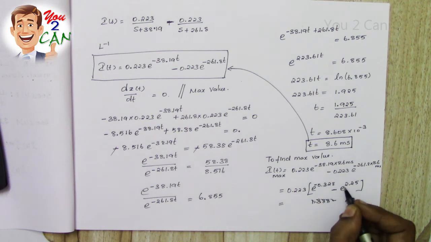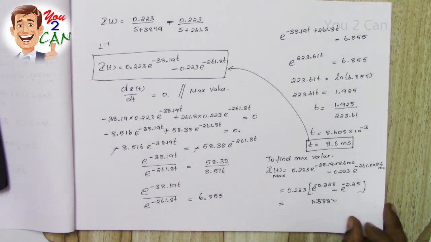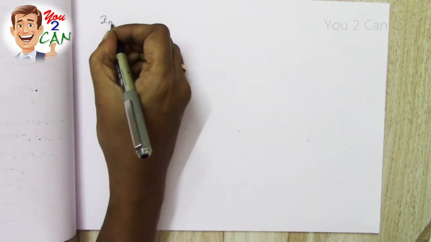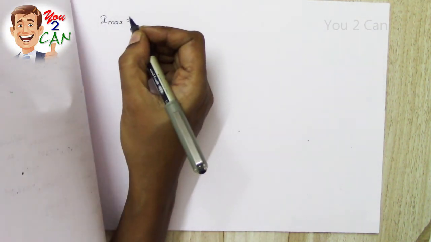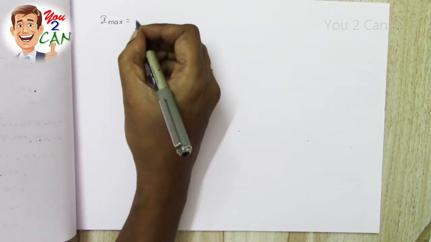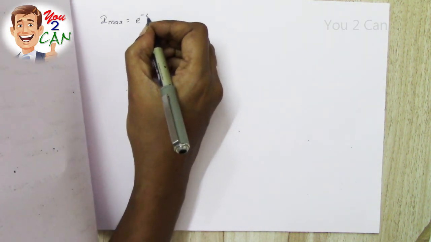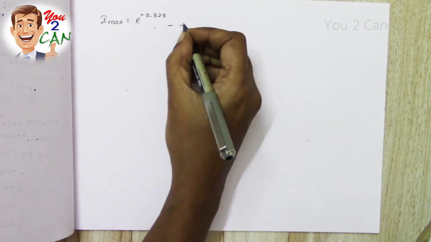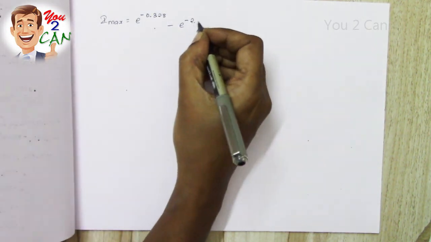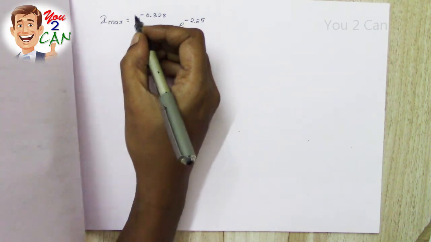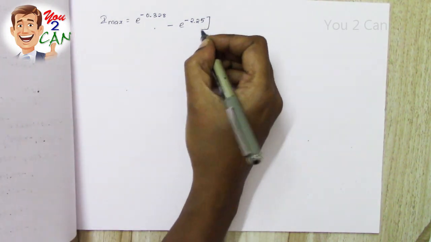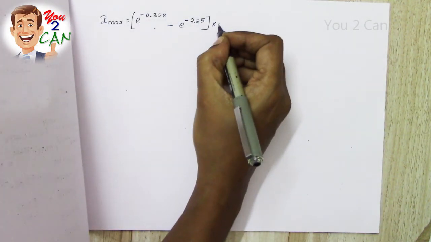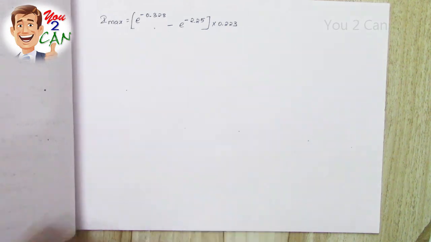This is minus, this is also minus. Okay, that is I max will be equal to e power minus 0.328 minus e power minus 2.25, into 0.223.